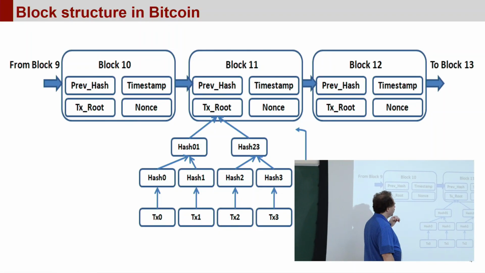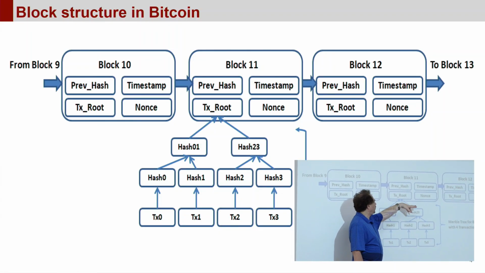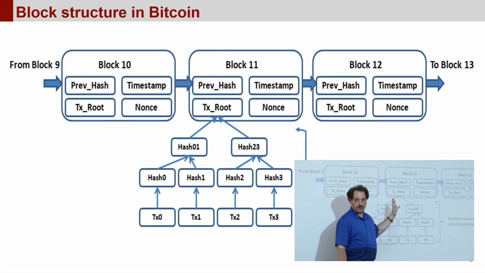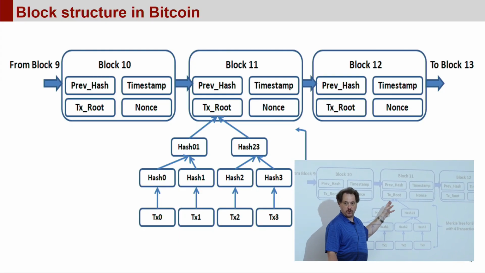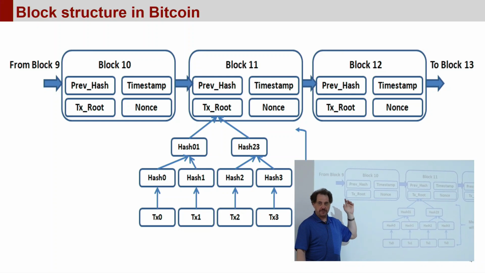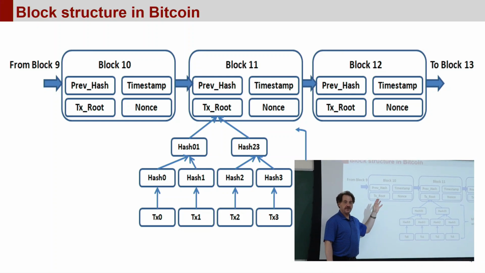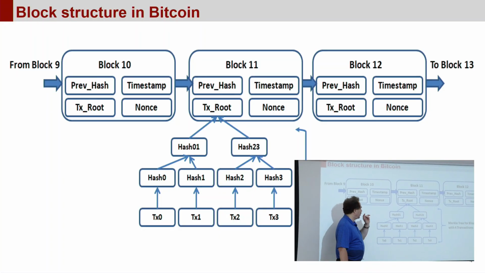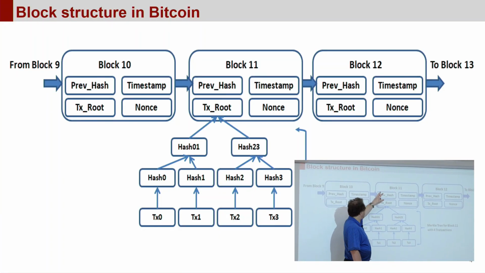In the header, you will have several fields. Not all of them are depicted here. These are just some of the most important ones, but there are more fields like the magic number, the version number, and so on. I'm not presenting all the fields in the header, just perhaps the interesting ones.